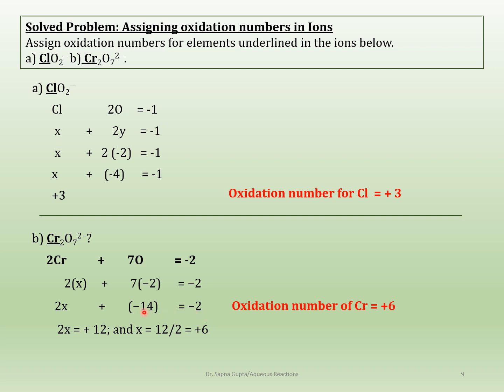Okay, so which means what? So 2X then must be equal to +12, right? +12 minus 14 is equal to -2. So 2X is equal to 12. So X is equal to 12 divided by the 2 to give you +6. All right, so oxidation number is +6.